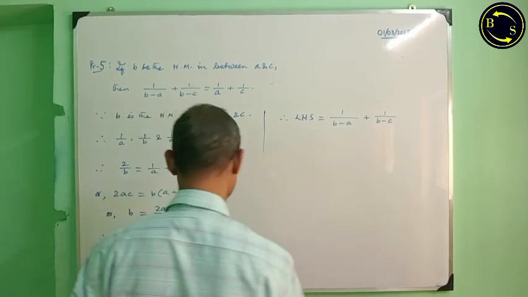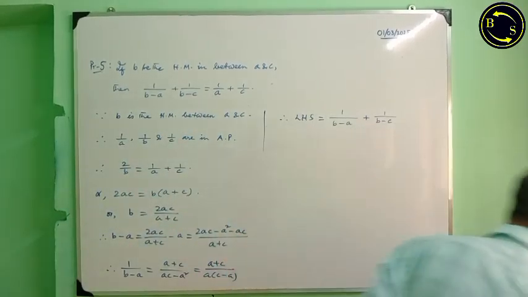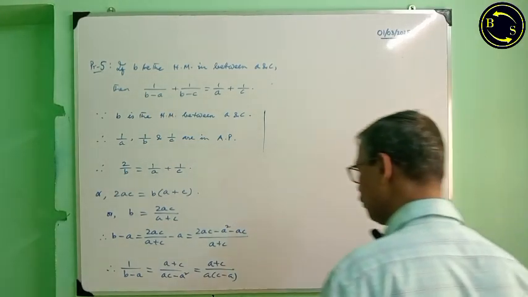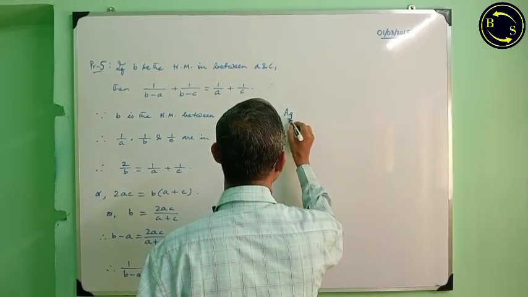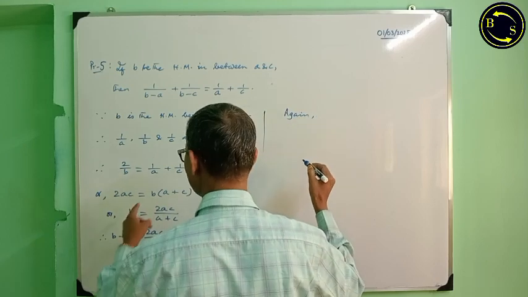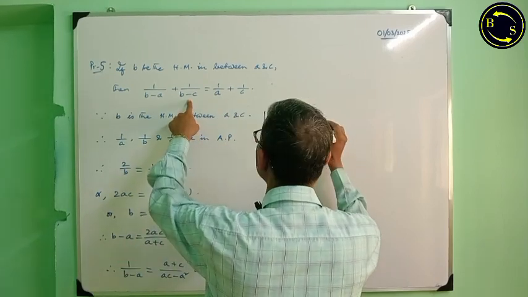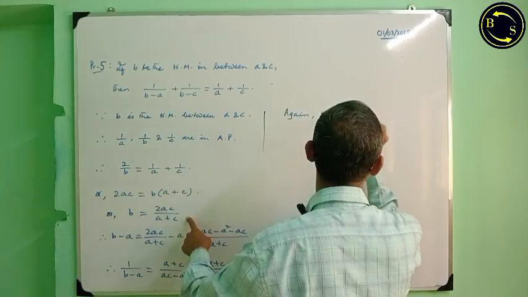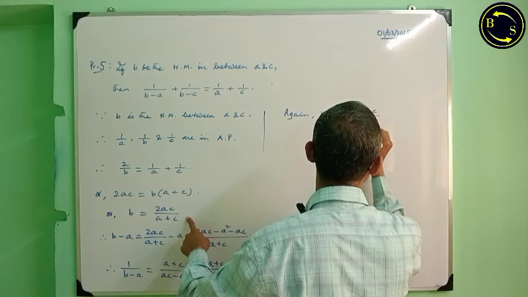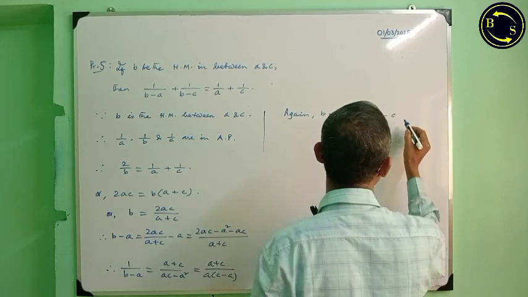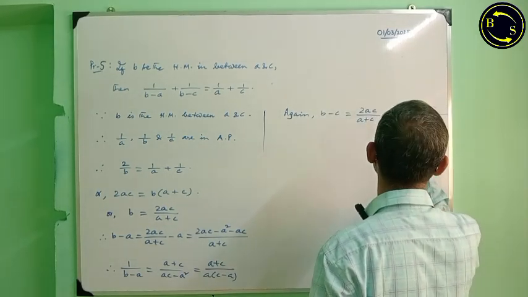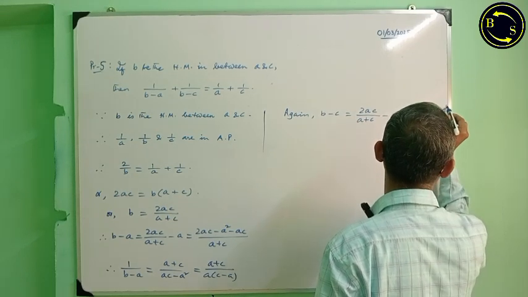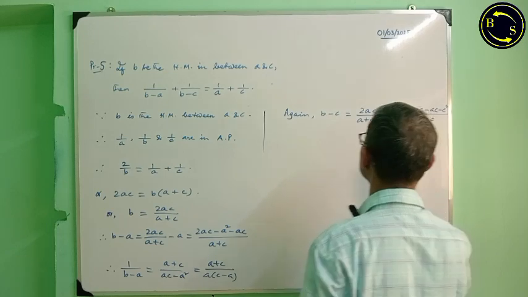Again, B minus C, 2AC by (A plus C) minus C. Numerator will be 2AC minus AC minus C square by (A plus C).